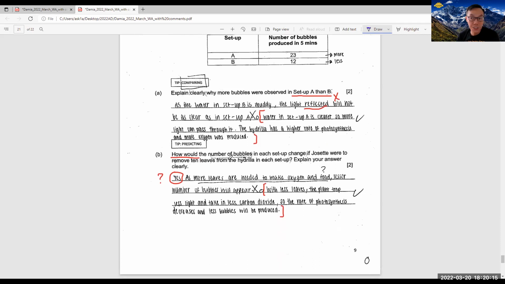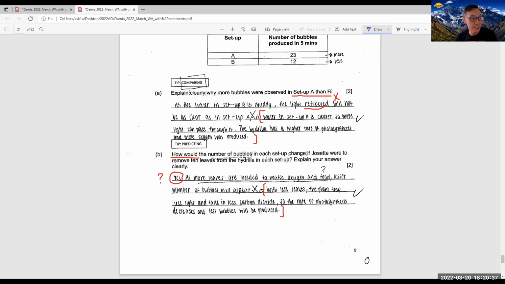Okay, here I think she was a bit nervous because the question actually asked, how would the number of bubbles in each setup change? So this one is nothing to do with the questions. You must explain, is it more or less? How would it change? So there must be a relationship involved.